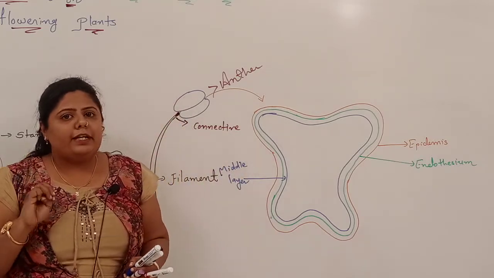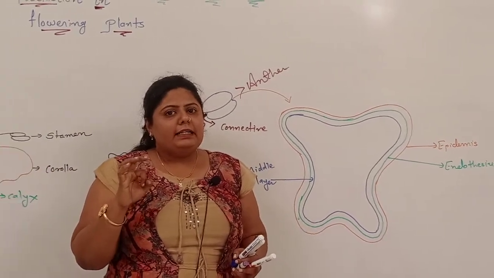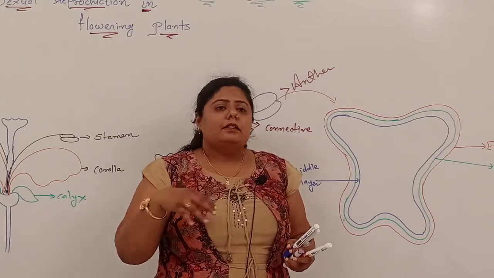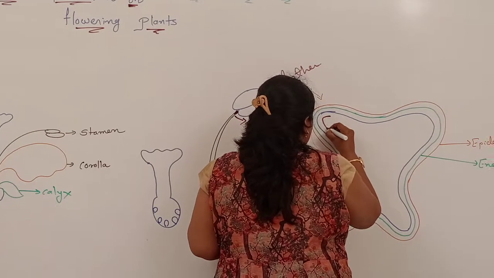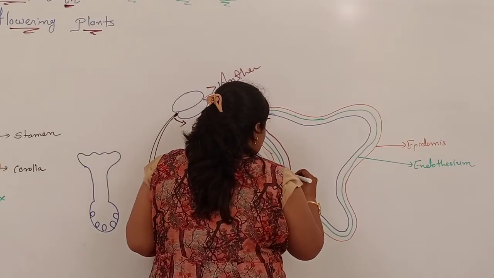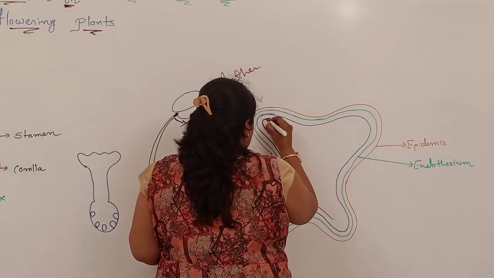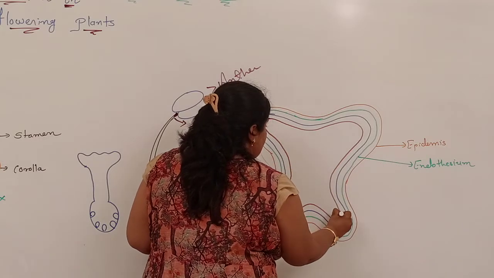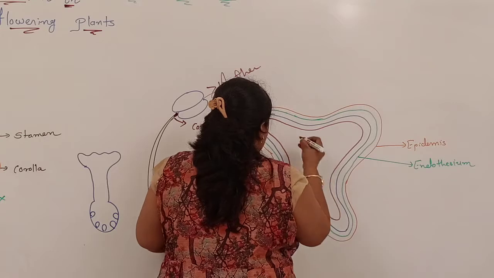These three layers are protective. The fourth layer, tapetum, is highly connected with the sporangium. And what is its function? This layer provides nutrition to the pollen grain. So the fourth layer, tapetum.